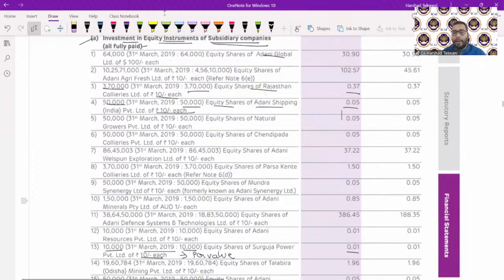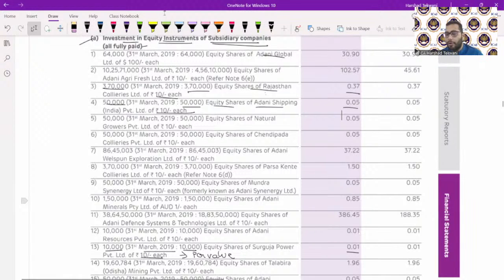Diminution in the value of investment. See, there can be a decrease in the value of investment. Let's say, for example, it's a non-quoted investment, meaning the price is not available on the stock market. Now the company has incurred huge losses and there is a going concern issue in the company. I need to provide for the investment that I have made in that particular company.